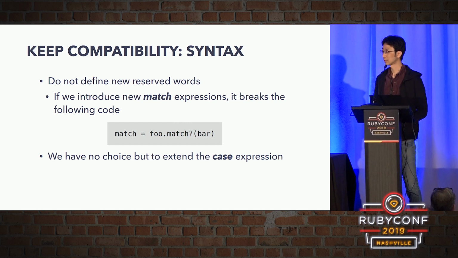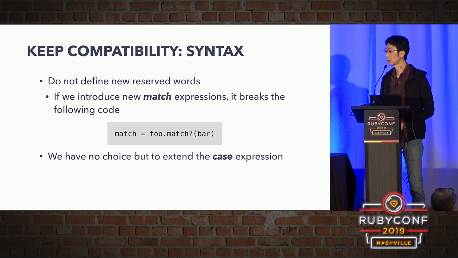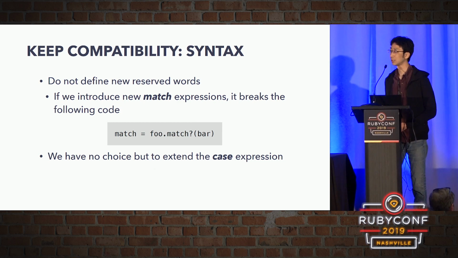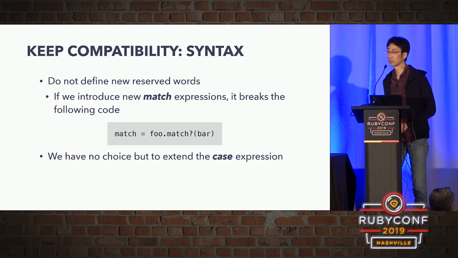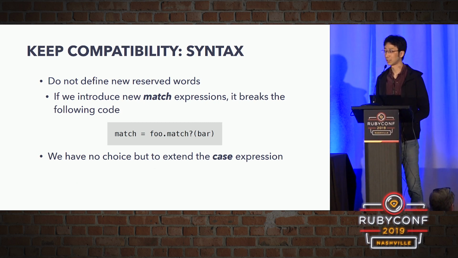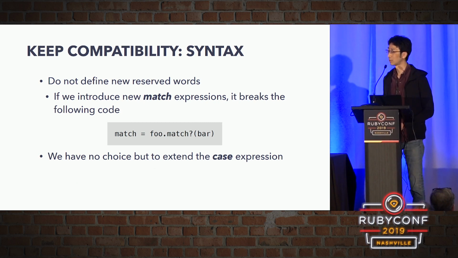So regarding syntax, we are not going to define new reserved words. If we can define pattern matching within the existing keywords, there is going to be 100% compatibility, which is what I was aiming for.